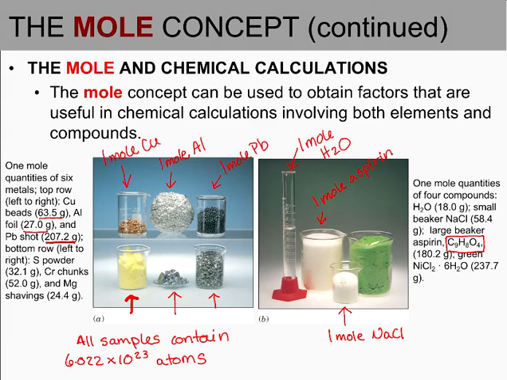So that's why it looks like we have a ton of aspirin there. And then this green compound is something called nickel(II) chloride hexahydrate. And that's also a 1 mole sample. So all of these samples contain Avogadro's number of molecules.